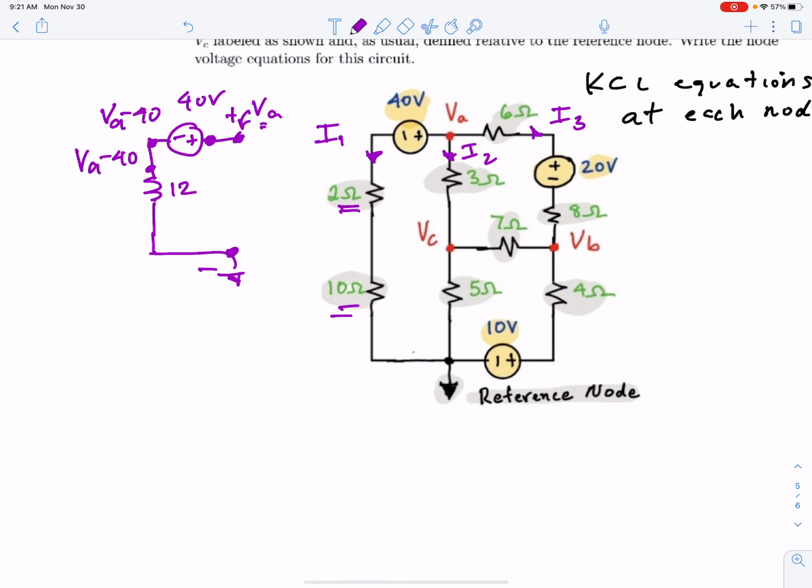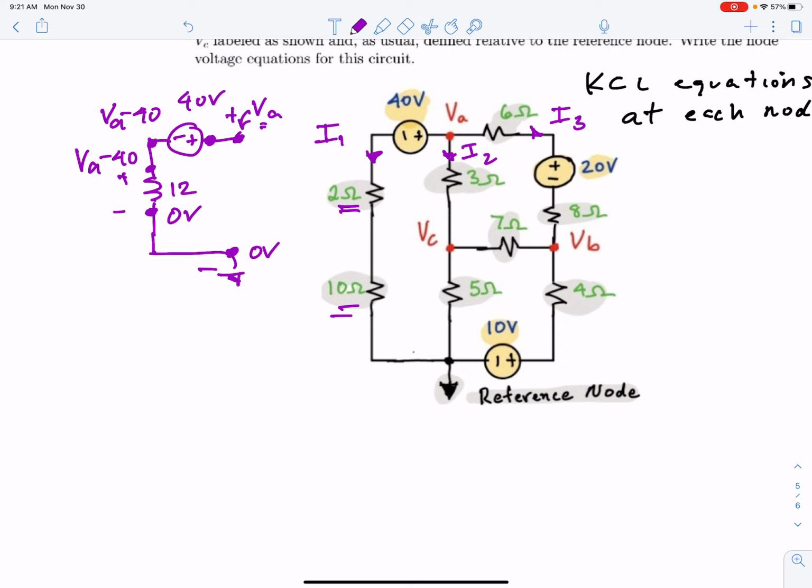This other dot would be the reference, and we take the reference to be 0 volts. So I push that dot to the other side of the resistor: 0 volts. Now I have a voltage difference, plus, minus, for the resistor.